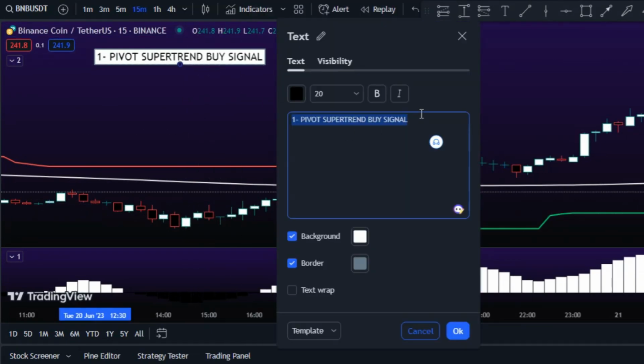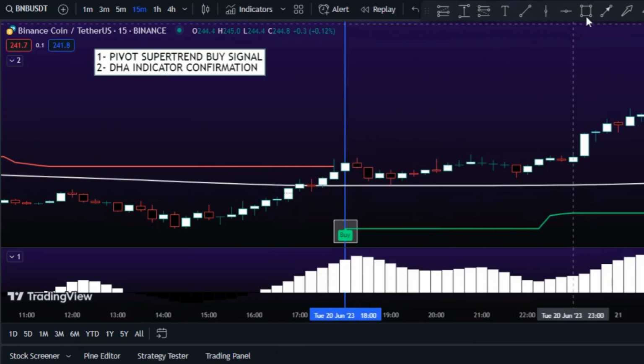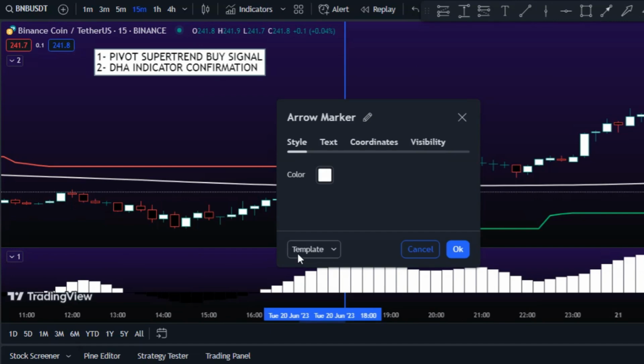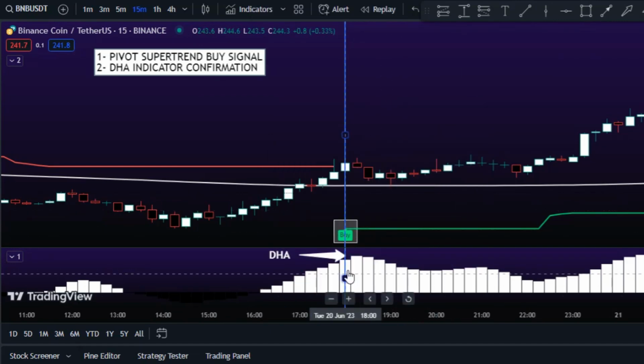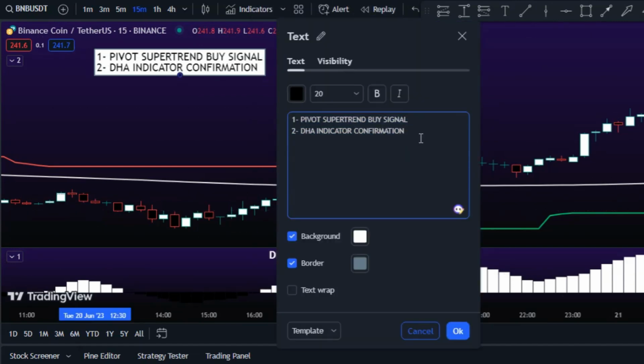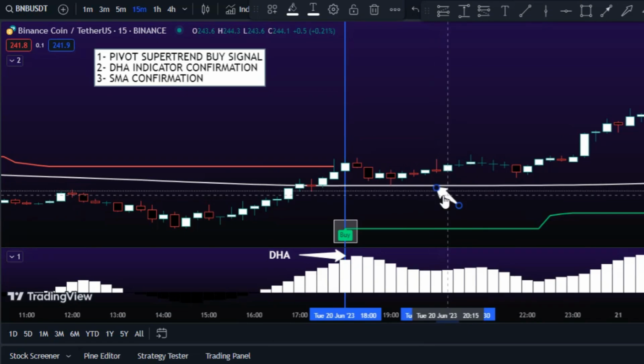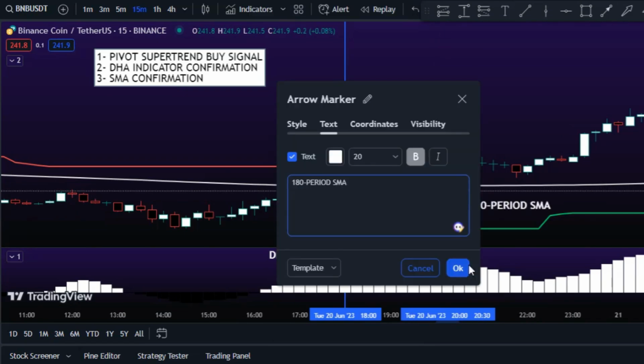And the weakness DHA indicator must confirm the buy signal with a white histogram above the zero line. And next, the simple moving average indicator set at 100 period should suggest an overall uptrend with the price rising above the moving average line.